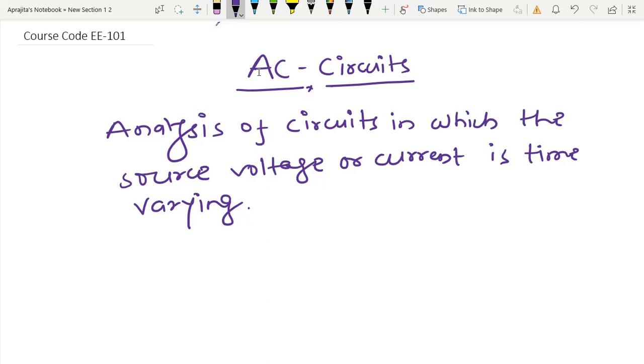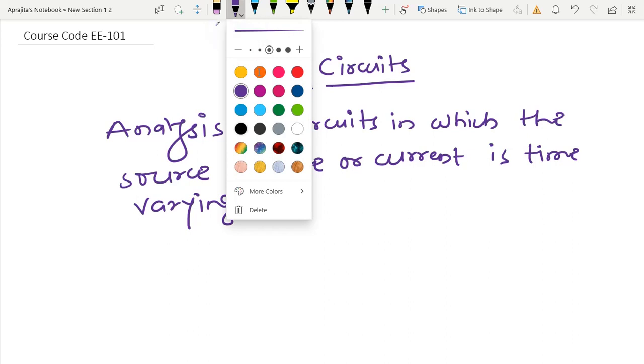So we are particularly interested in sinusoidally time varying excitation, or simply excitation by the sinusoid. So let us try to understand what is the meaning of sinusoid. So I'm going to take a different color.